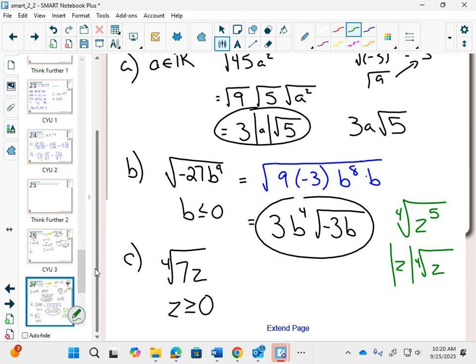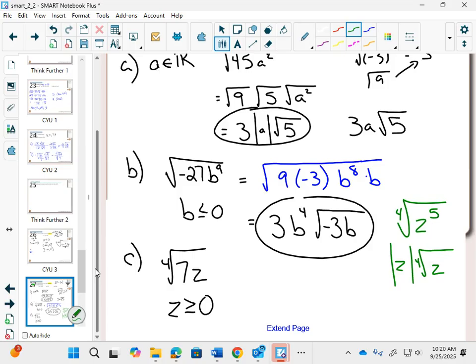With the 4th root, you need 4 of them to pull 1 out. Squared, you need, like, with the 8, when we had squared, you need 2 of them to pull 1 out. When I have 8, I could pull out 4, because every 2 pulls 1 out. Okay? With the 4th root, you need 4 to pull 1 out. With the cube root, you need 3 to pull 1 out.